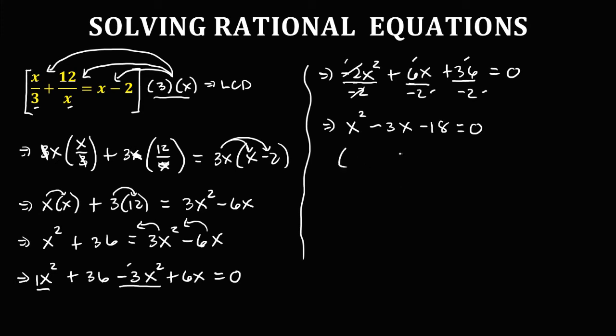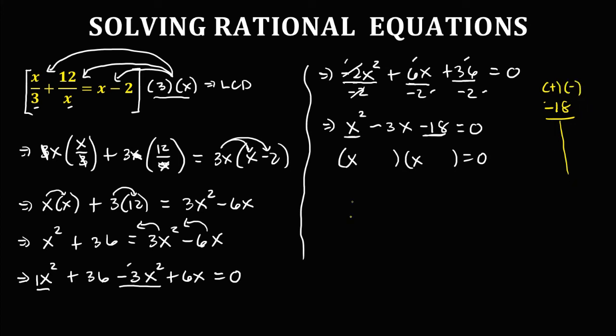To solve using factoring, we have factors of x squared, that's x times x, and factors of negative 18. So first, we need to write all the factors of this negative 18. Since 18 is negative, one of the factors is positive and one is negative.